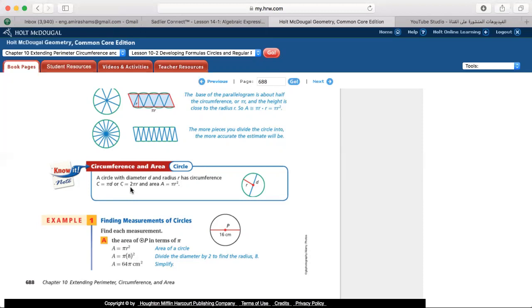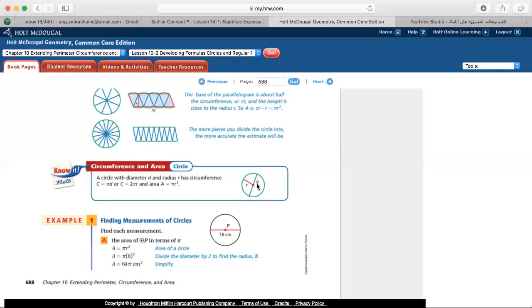And you must know that the diameter is equal to 2r. Here is the diameter, the blue part, and it is equal to 2r. R is the red line, and the blue line is the diameter.